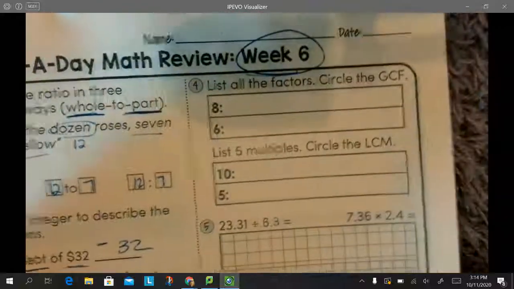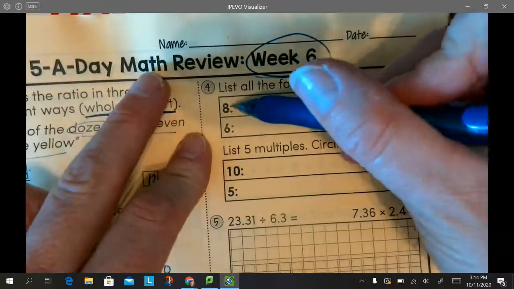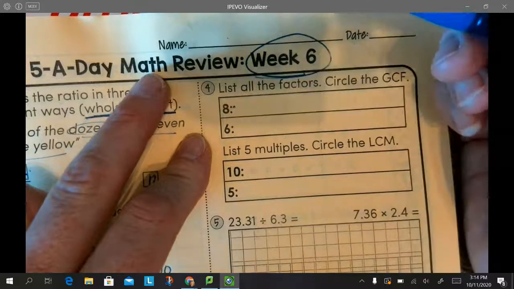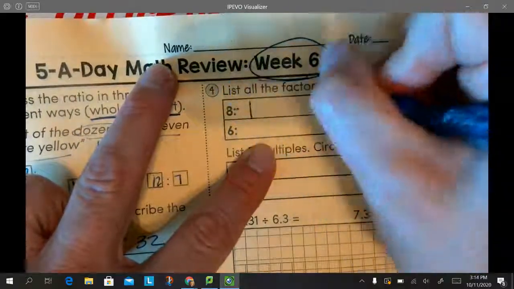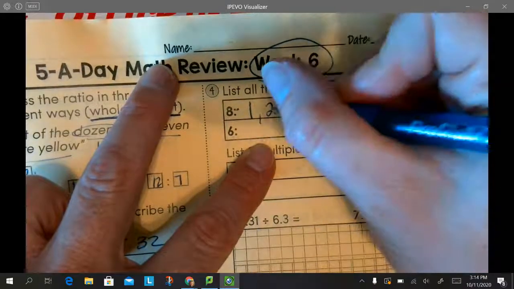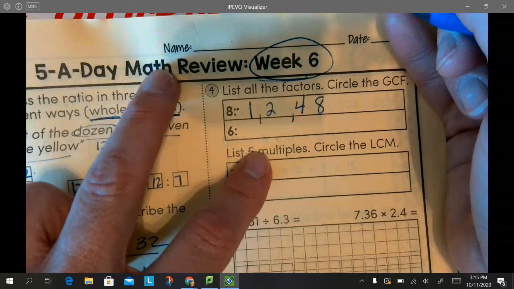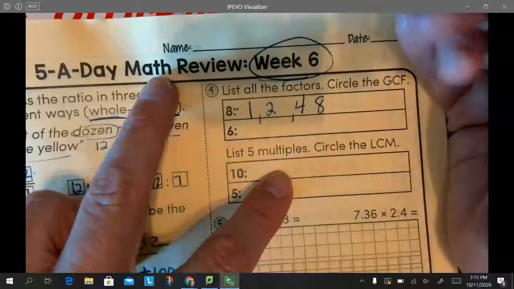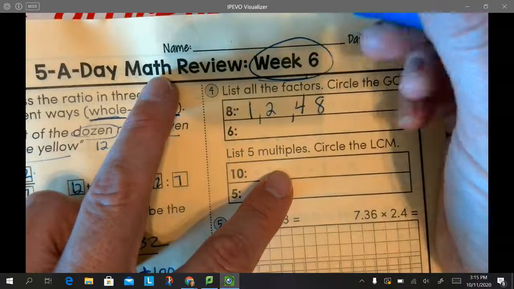All right, next one, number 4. List all the factors, and the factors are the numbers when multiplied together give you this, which is the answer. So like a factor for 8 would be 1 and 8, because 1 times 8 is 8. And then 2 and 4, because 2 times 4 is 8. So those are all the factors for 8. And then for 6, what are the factors of the two numbers multiplied together that would give you this for an answer?